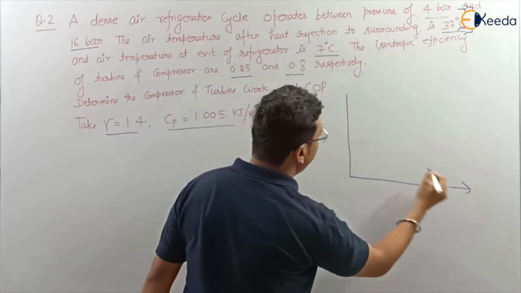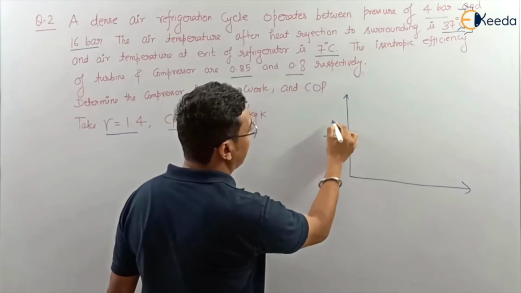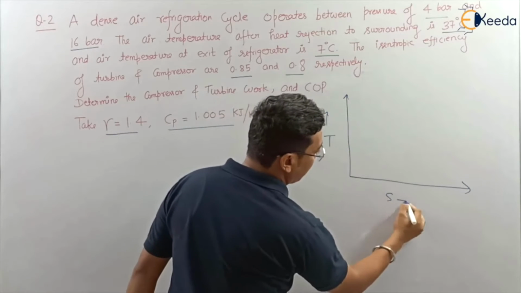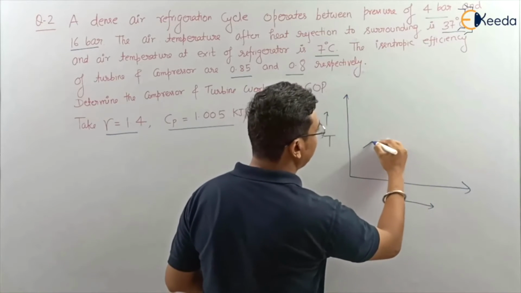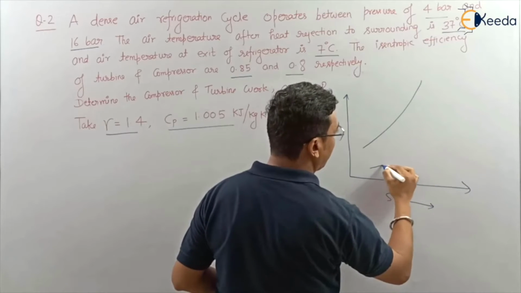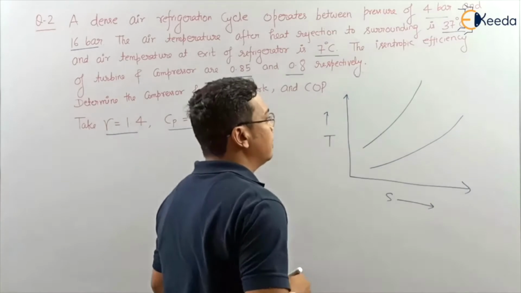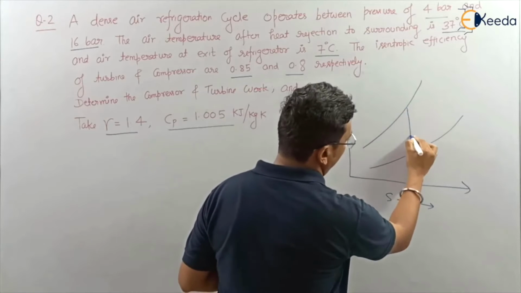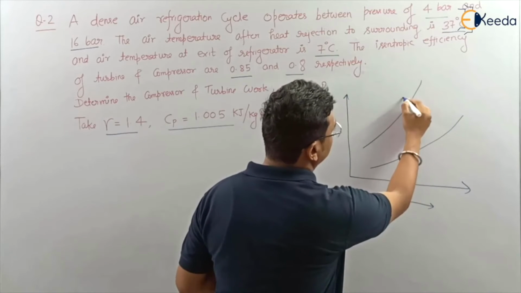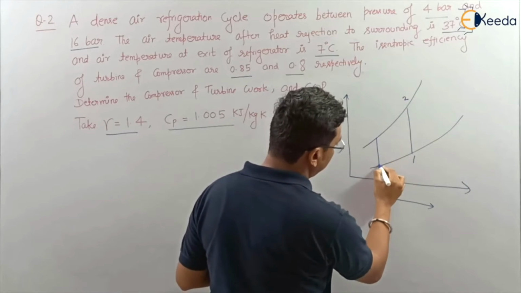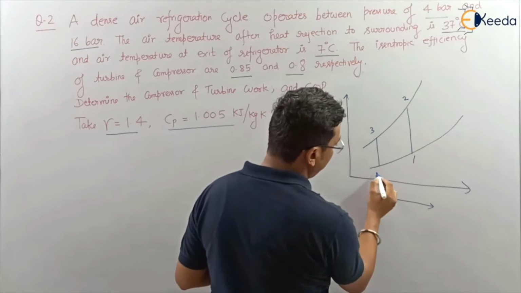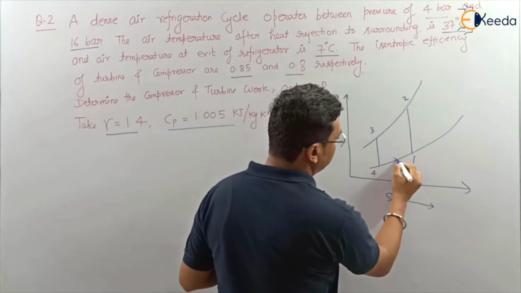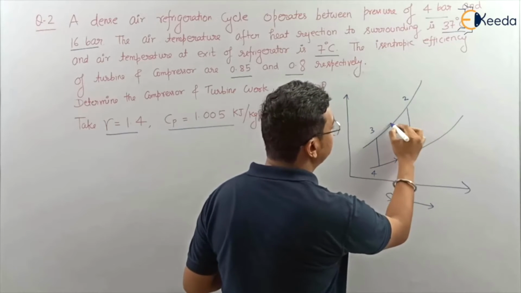You know very well that this is the TS diagram. This is 1, 2, 3, 4, the ideal reverse Brayton cycle.